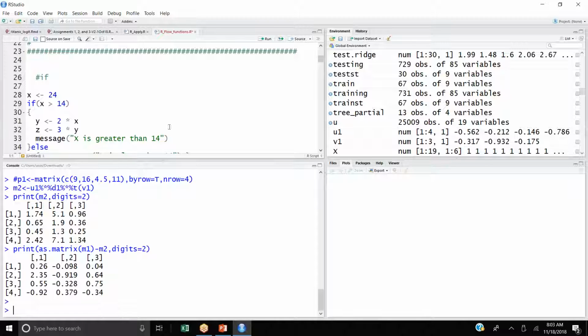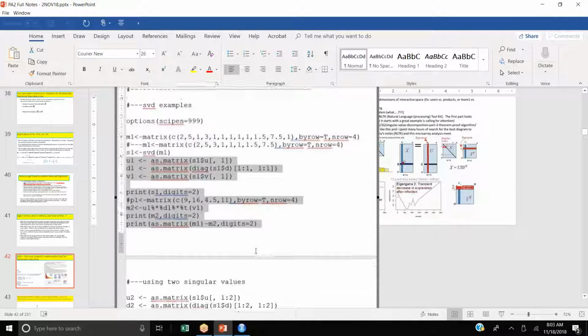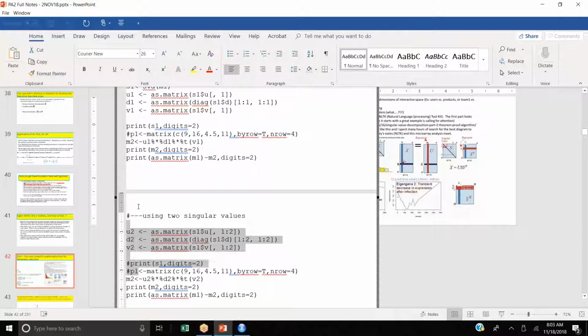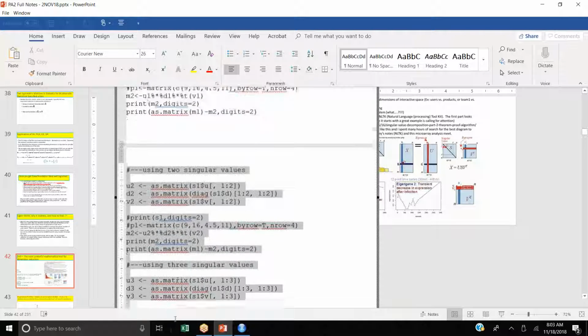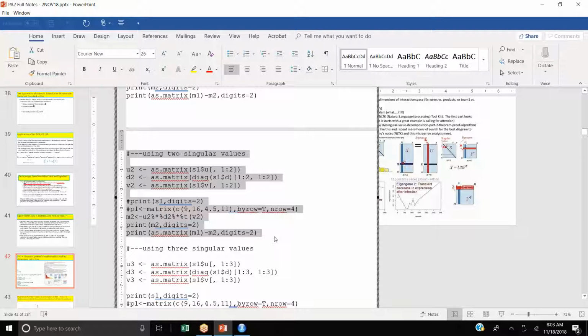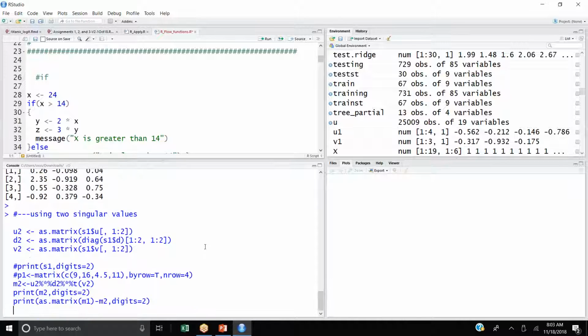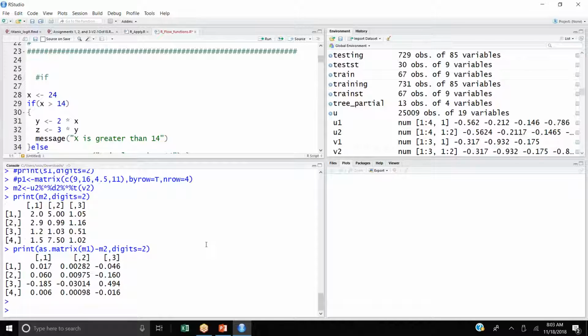Let's go with the next one. 2 dimensions. So now I'm going to use U2 using 2 singular values. So what would you expect this to go? The difference should decrease. Yes. Let's try. Ready? Here you go.